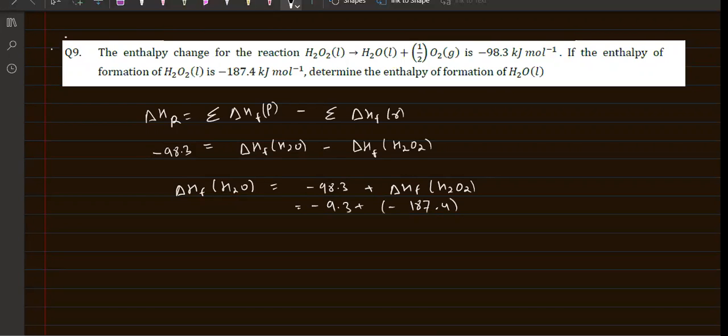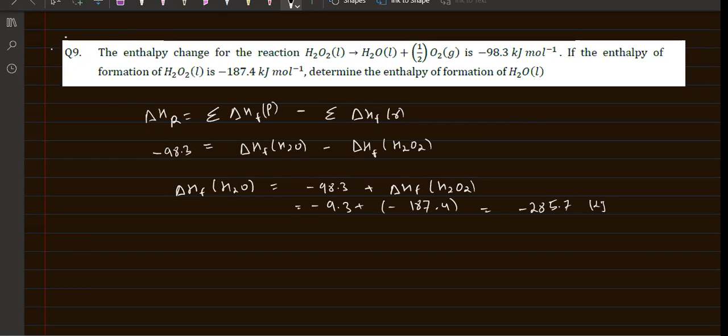Easy. It's a basic application of Hess law. So the answer would be, just add them, you will get minus 285.7, sorry, 285.7, my bad, kilojoule. Got it, everyone? Question 9 clear?